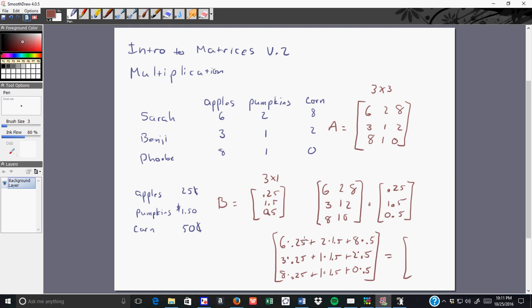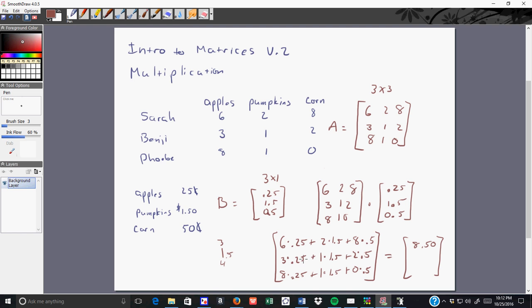Let's say 6 times 0.25, that's $1.50, plus $3 is $4.50, plus 8 times 0.5, that's $4, so $8.50. So Sarah spent $8.50.